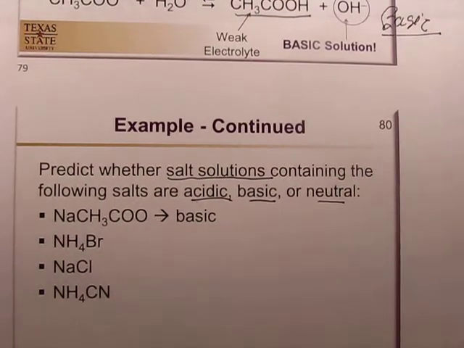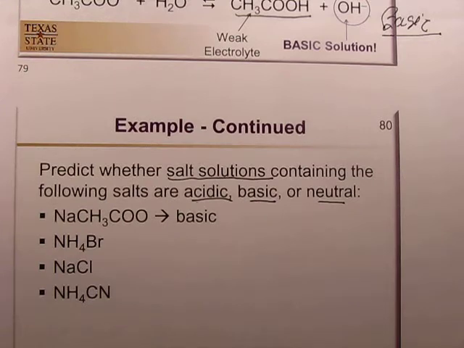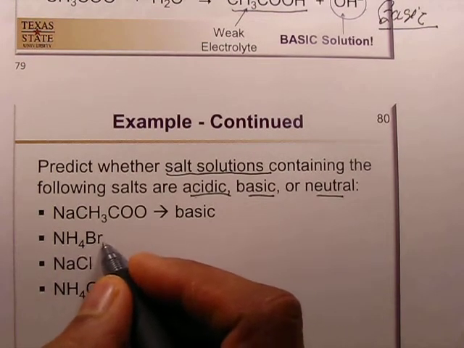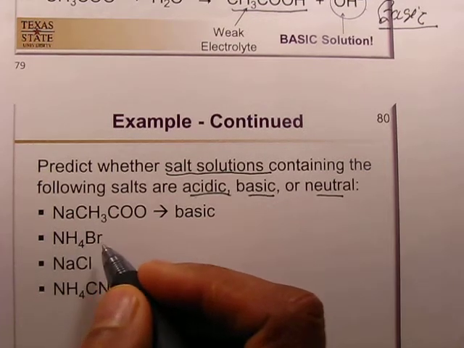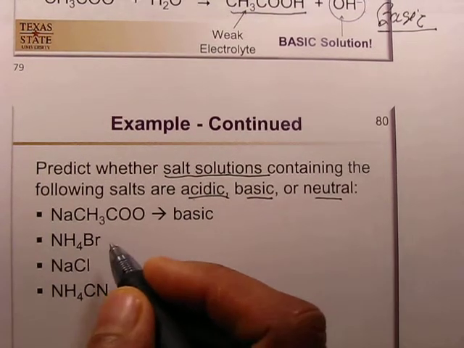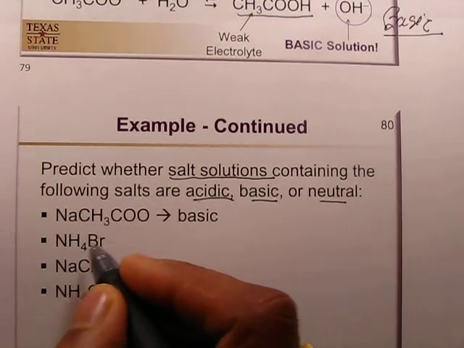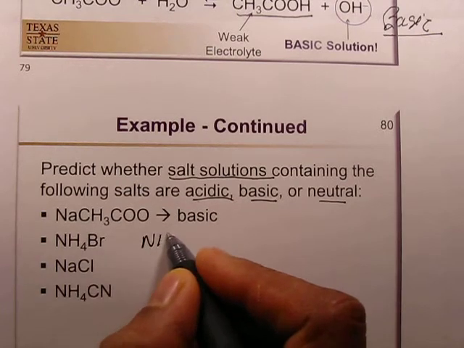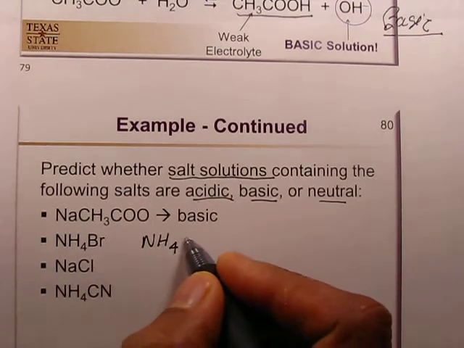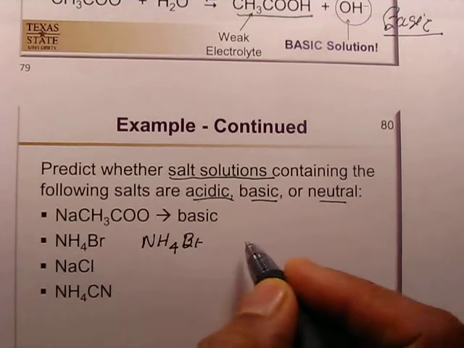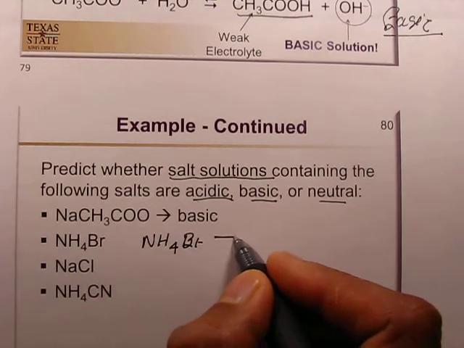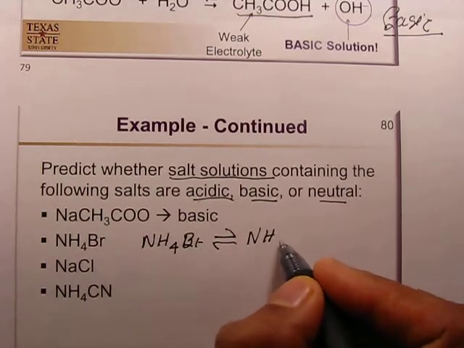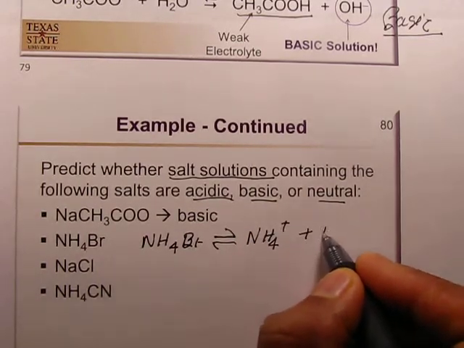Then what about ammonium bromide? Ammonium bromide is not a strong salt, there is no metal here, so basically it exists in equilibrium. It dissociates into ammonium ion plus bromide ion.